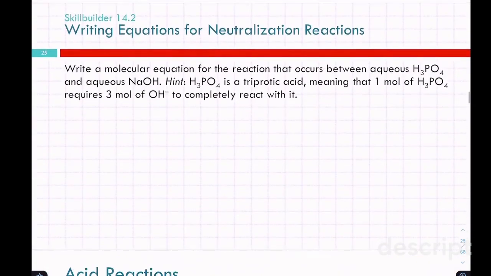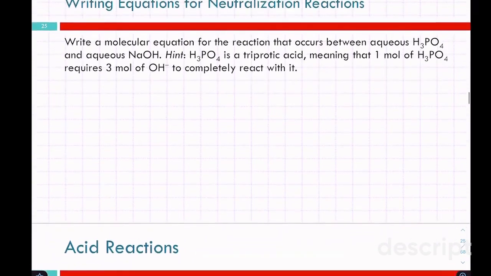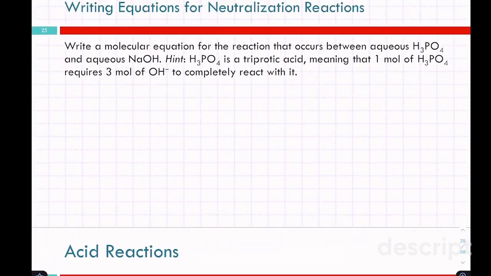So neutralization reactions, you can predict the products because the products are always going to be water and a salt. So let's write a molecular equation for the reaction that occurs between H3PO4, so phosphoric acid, and sodium hydroxide.